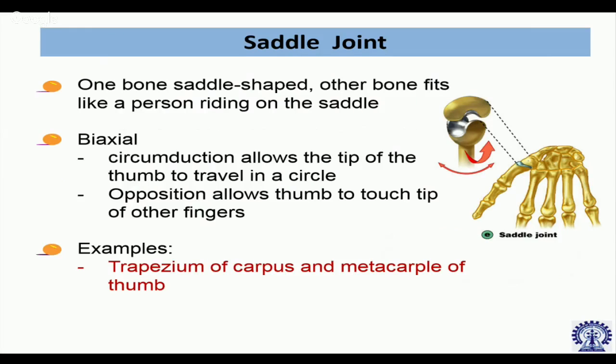Okay, so the more the movement offered in the joint, the more is the mobility. You can now reckon that in the human skeleton, the upper limbs provide more mobility but less stability, but the lower limbs provide more stability but less mobility, because the more the number of joints, the more the subtle movements you will get, but at the cost of stability.